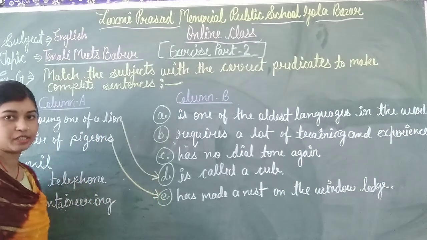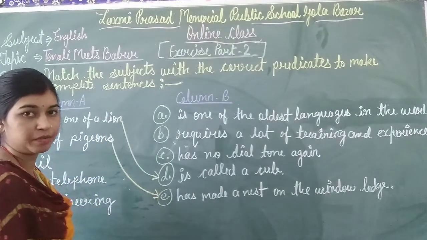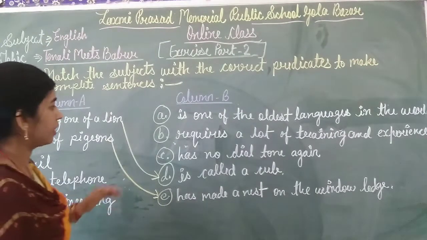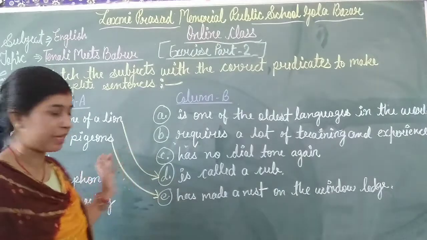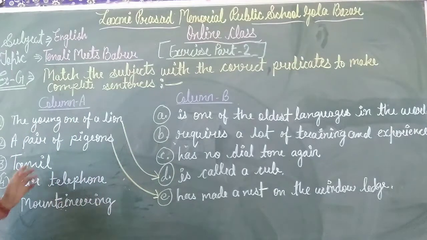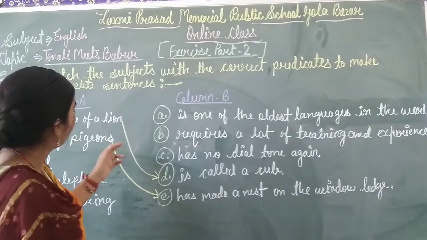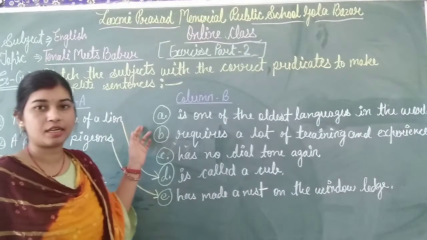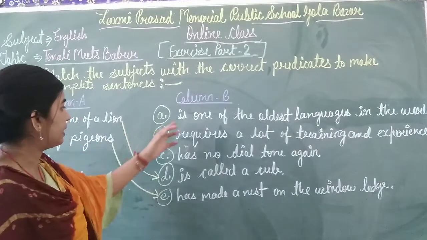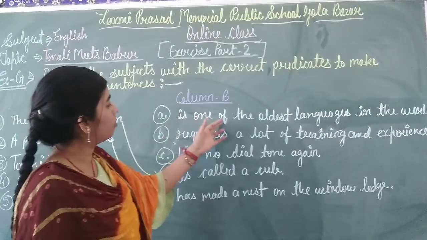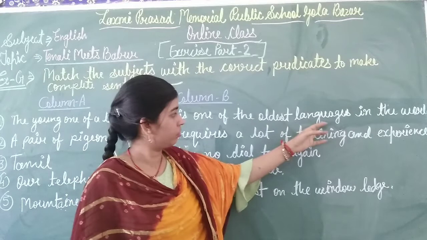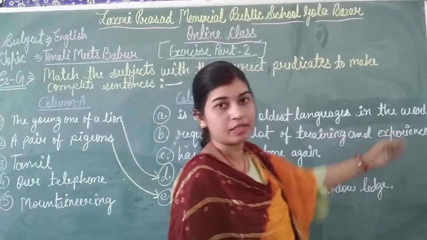Okay, so students, now next number 3, and number 3 is Tamil. So students, tell me which option will match with number 3. Option number A is the correct option, that is one of the oldest languages in the world.